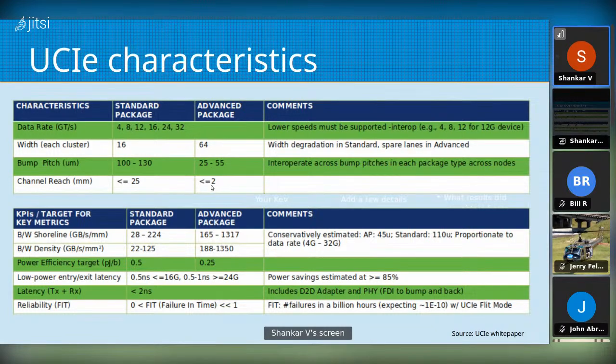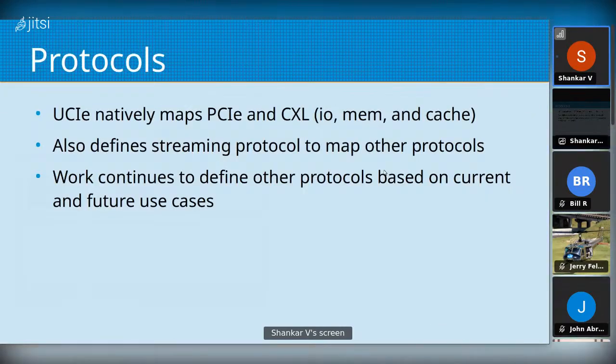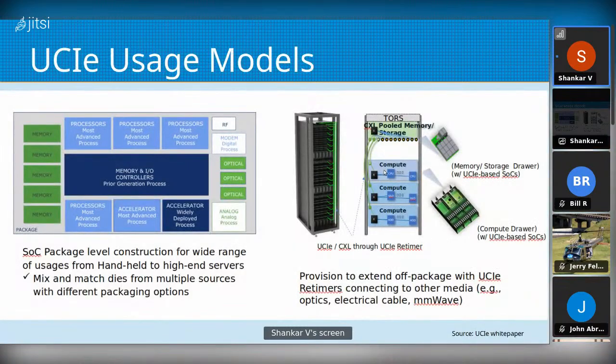And because this has to go through another piece of silicon, the distance matters. If I go back to this picture, this distance between two dies on a standard package can be up to 25 millimeters. But if you want to do any of these advanced packaging with a slab of silicon underneath, this distance is limited to less than 2 millimeters. And you can see, actually, I didn't include the picture, but if you look at the pictures of the latest AMD EPYC chips, you'll see they're all bunched very closely together.